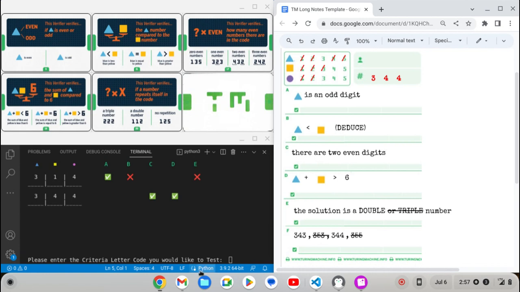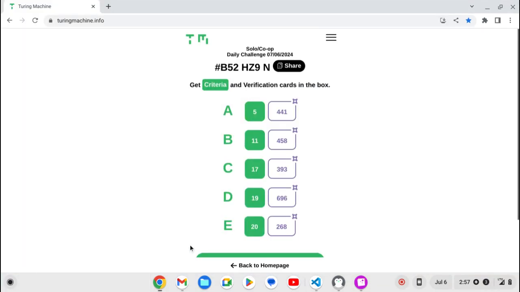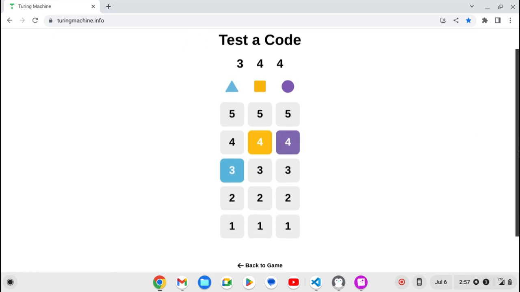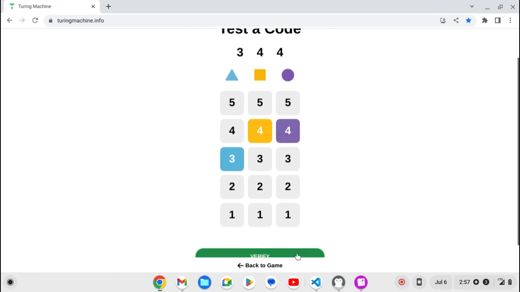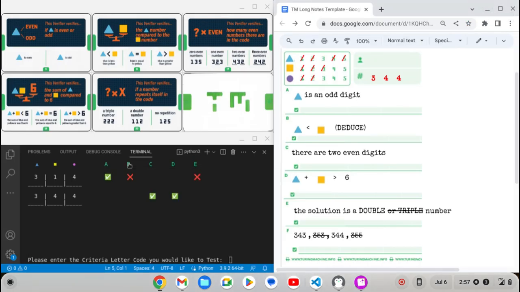Okay, so let's go check with the Turing machine. Let's verify our code of 344. Fantastic, we've got that. And so let's actually compare our results with the Turing machine.